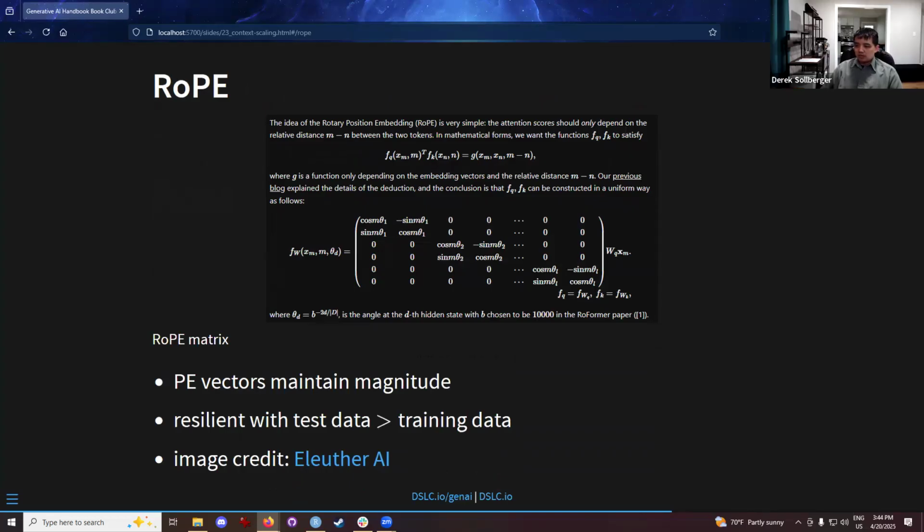The motivation is that, in particular, we want our positional encoding vectors to maintain their magnitude, to keep the same size. This ended up being a more generalizable system in case you had scenarios such as reinforcement learning, where the test data in size was much greater than the training data.